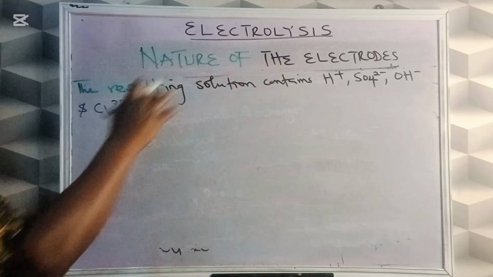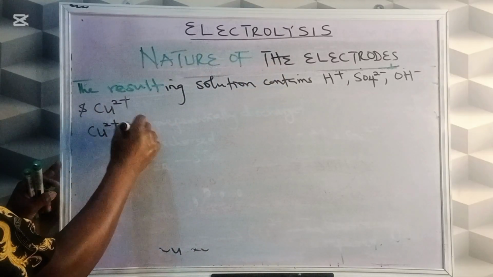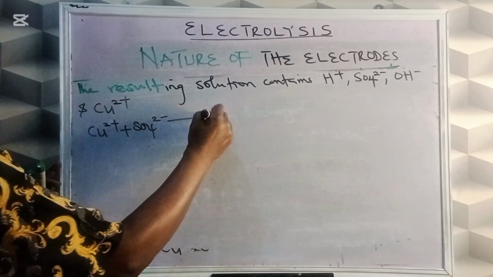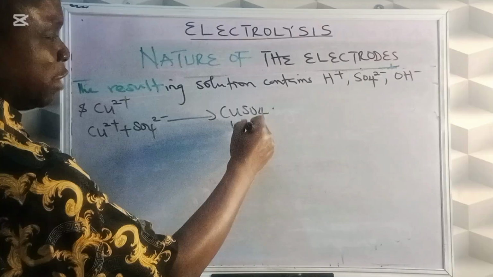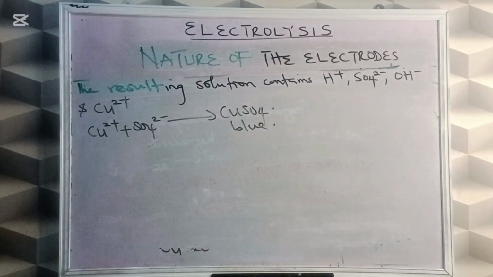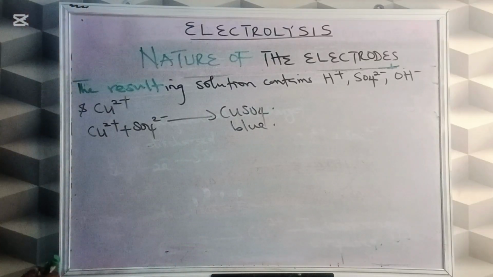So the resulting solution is still copper 2 sulfate, with the color still remaining blue, no color change. The concentration remains intact, because we still have copper 2 sulfate. Please take note of that.